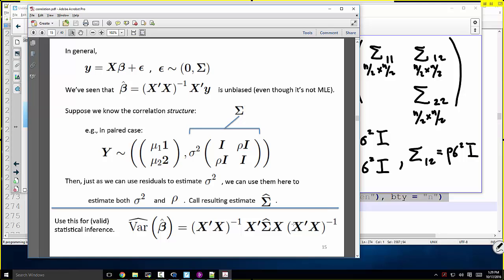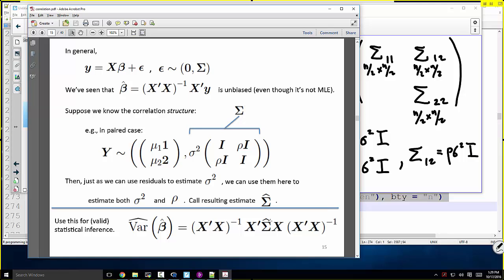And if we can estimate sigma squared and rho, then we have an estimate of sigma. I can put a sigma hat in here. And at the end of this, we would have standard deviations of the beta coefficients that we could use to get valid inference, p-values and confidence intervals.